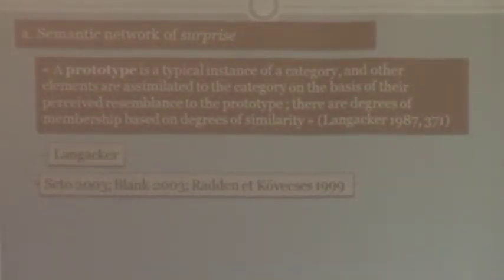There are degrees of membership based on degrees of similarity. Langacker only allows for metaphoric extension, but it has been suggested more recently that metonymic extensions are relevant as well.